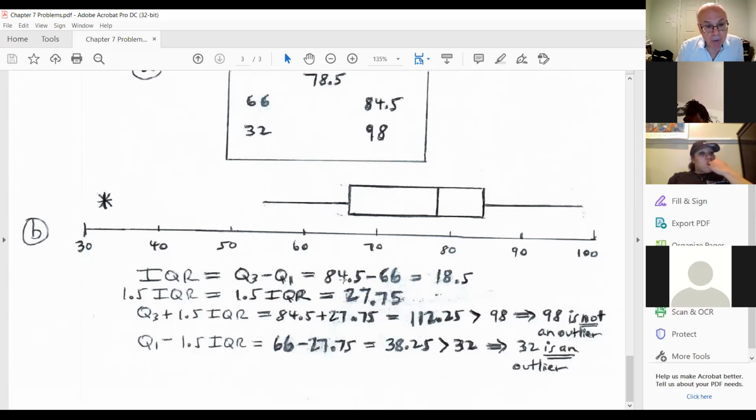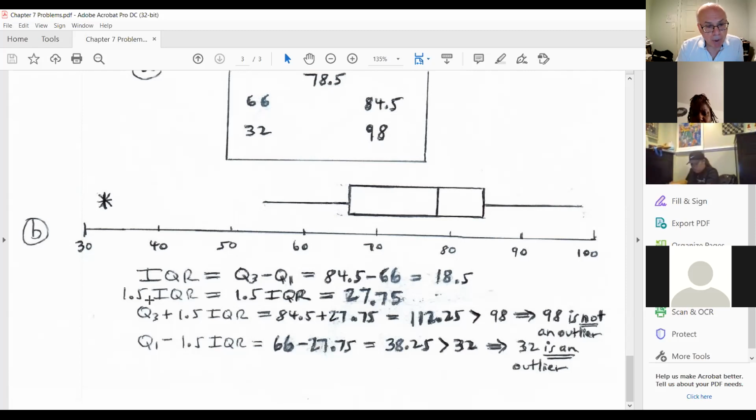And again, this is open book, open notes. So if I ask you a question about an outlier in a data set, you'll be able to do this with your calculator and determine whether a particular value in your data set is an outlier or not. So the interquartile range has to be calculated first.